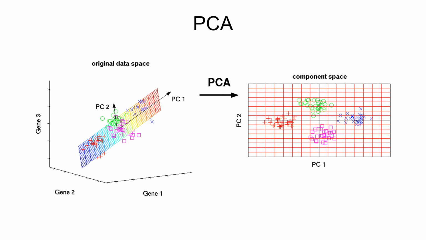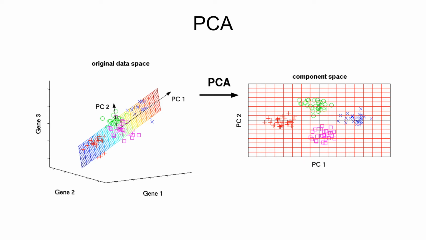Principal components are new variables that are constructed as linear combinations or mixtures of the initial variables. These combinations are done in such a way that the new variables, the principal components, are uncorrelated, and most of the information within the initial variables is squeezed or compressed into the new components.